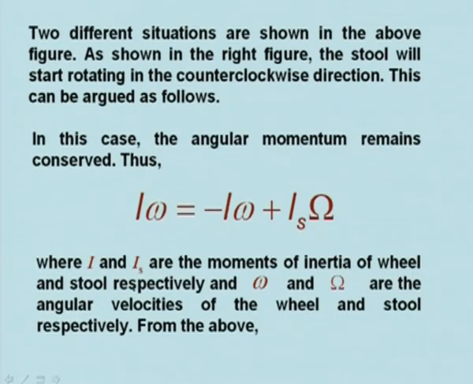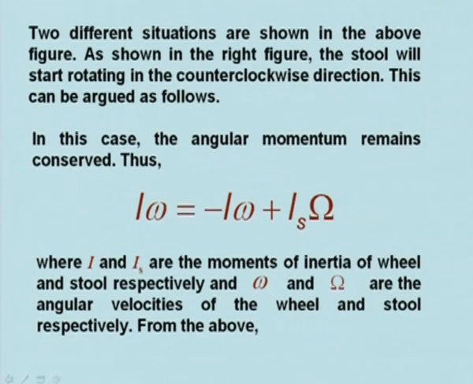So before and after it is like this, and these two different situations are shown. In this case, the angular momentum remains conserved, thus I omega is equal to minus I omega plus Is big omega, where I and Is are the moments of inertia of the wheel and stool respectively, and omega and big omega are the angular velocities of the wheel and stool respectively.